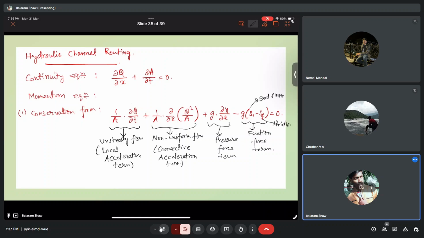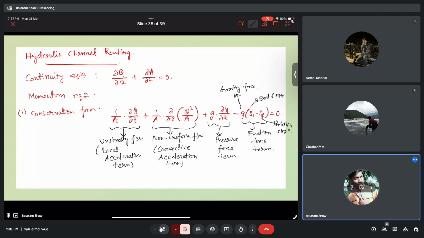Okay, and g is the gravity force. And for the non-conservation equation, the average flow velocity is the dependent variable instead of Q. This form of the equation can be derived for a unit width of flow within the channel where we consider that there is no lateral flow.